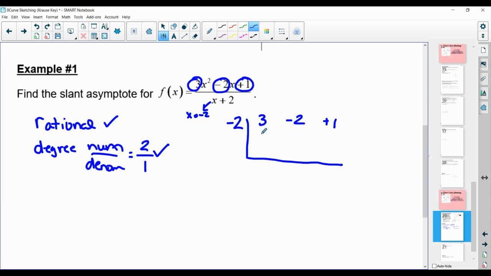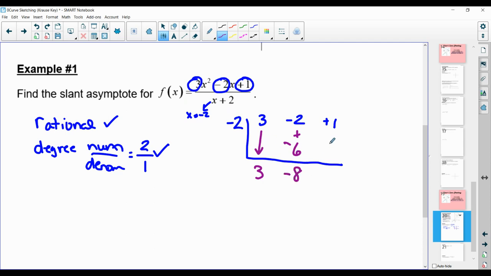All right, so if we were doing our division here, we're going to bring the 3 down, and 3 times negative 2 is negative 6. And then we add. Negative 2 plus negative 6 is negative 8.